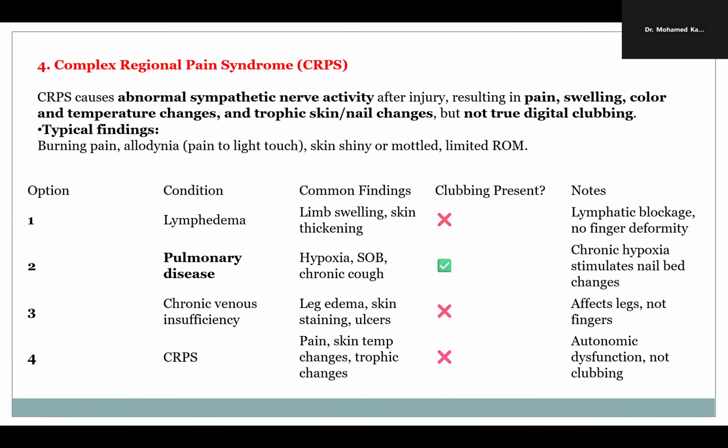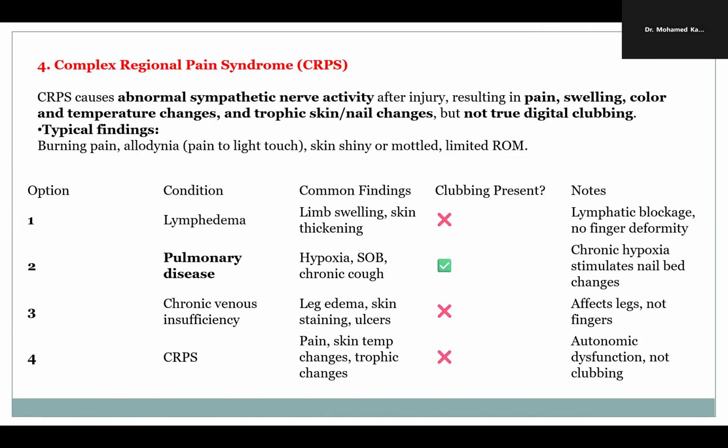Complex regional pain syndrome. Complex regional pain syndrome will cause abnormal sympathetic nerve activity after injury, and the findings are pain, swelling, color and temperature changes, trophic changes of skin and nails, but there will be no digital clubbing.